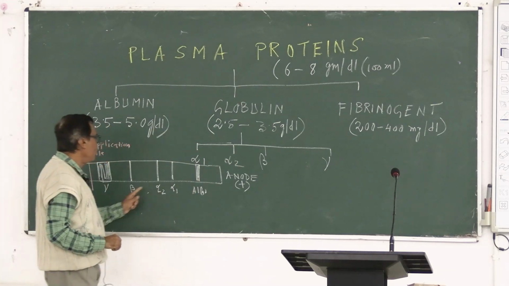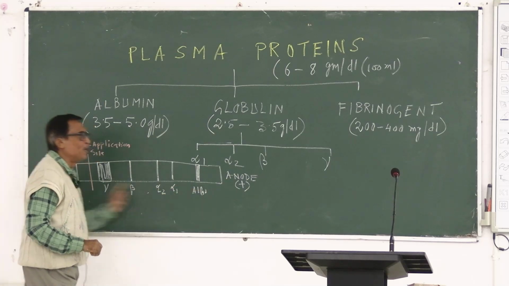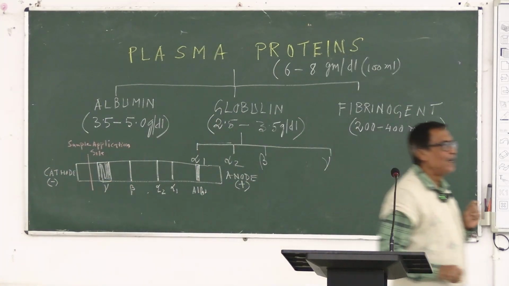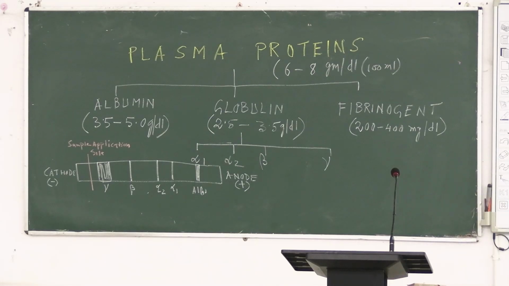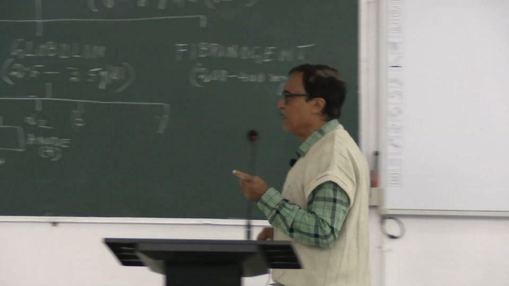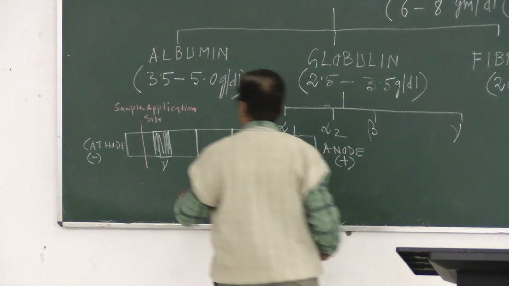Albumin, alpha 1, alpha 2, beta, gamma from anode to cathode. The most anodic band is albumin, and the most cathodic, towards the cathode, is gamma.